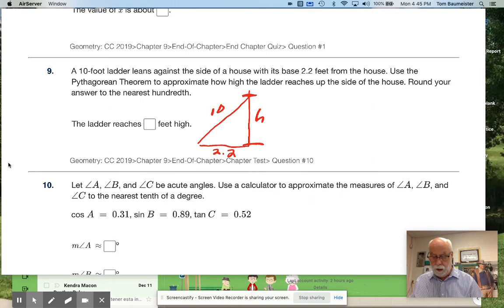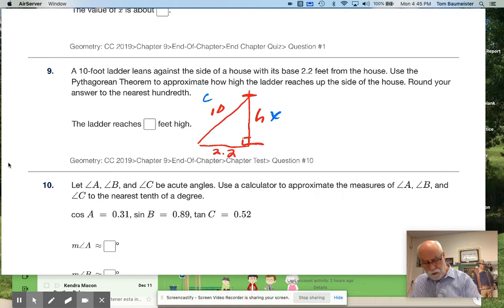So, they're telling us to use the Pythagorean theorem. So remember, a squared plus b squared equals c squared, where c squared in this case would be our hypotenuse. And this here would be one of our legs. So we could call this x, and this here would be our other one.